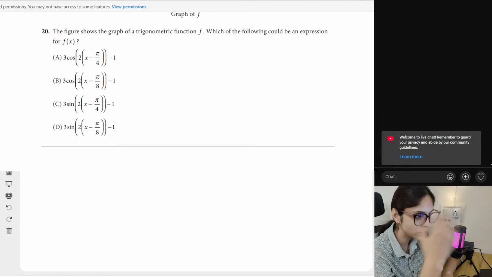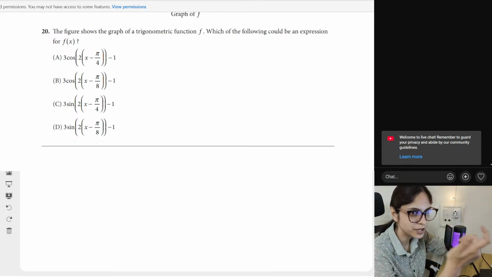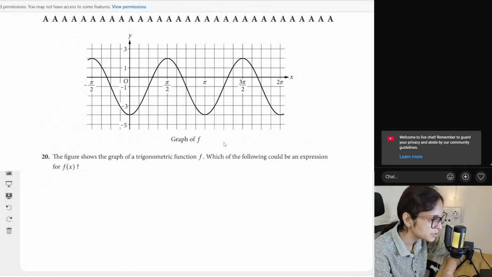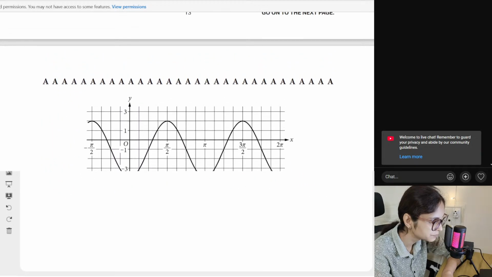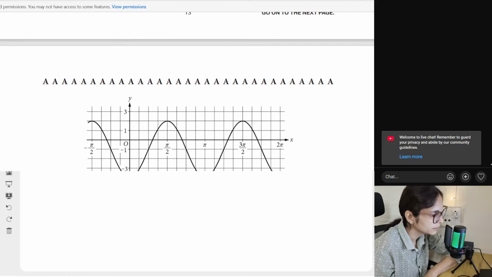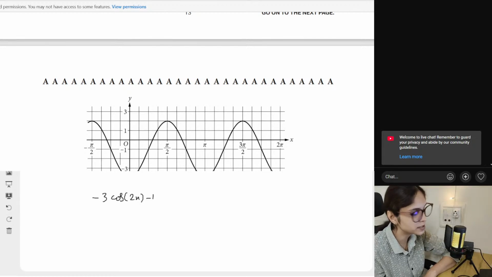Option A and option B are gone, because if you do the phase shift, it will not remain cosine, it will become sine. This one is -3 cosine 2x minus 1.